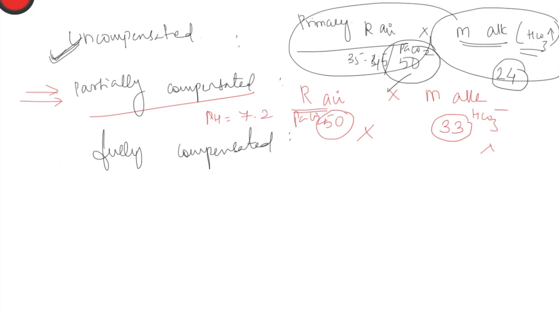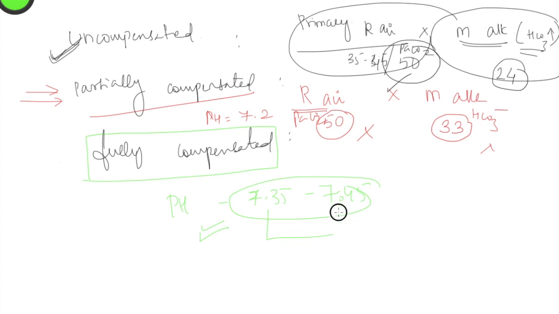Now when I say fully compensated, very simple to identify, your pH will be between 7.35 to 7.45, because your body has completely compensated the imbalance and you have arrived at an equilibrium state, at the balanced state, where your pH is lying between 7.35 to 7.45. That becomes a very easy method of understanding and categorizing the situation that is given to you in the exam. So now with this understood, let us move on.